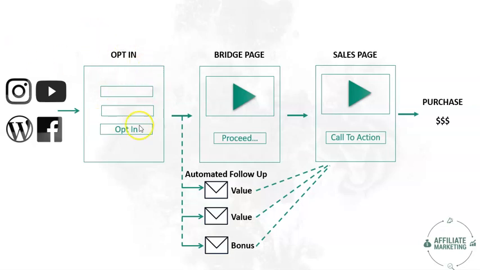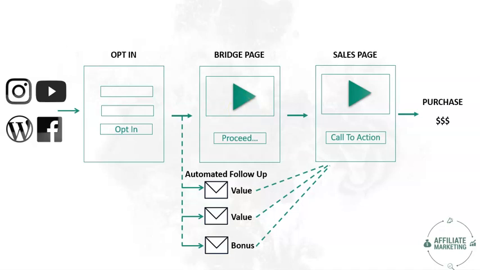So once they opt in on the landing page, they go to the next page, or a bridge page. On this bridge page, you can have a video of some kind, or just more info where you explain more about your offering, or you introduce yourself.